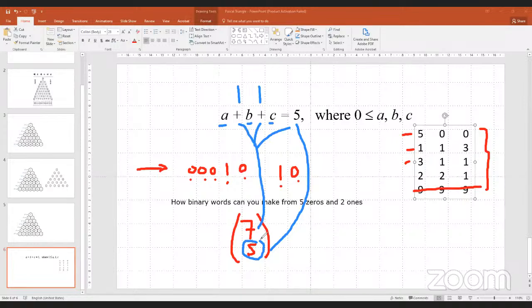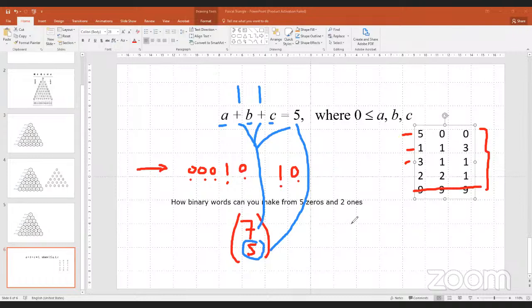Yeah, so that is actually how you solve the problem. We see that from one problem, we convert it to another problem, which has a solution we already know.